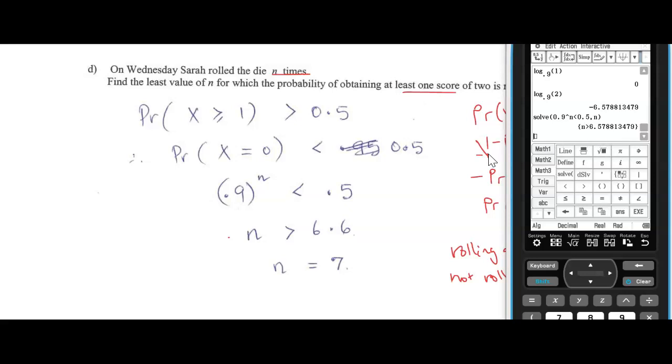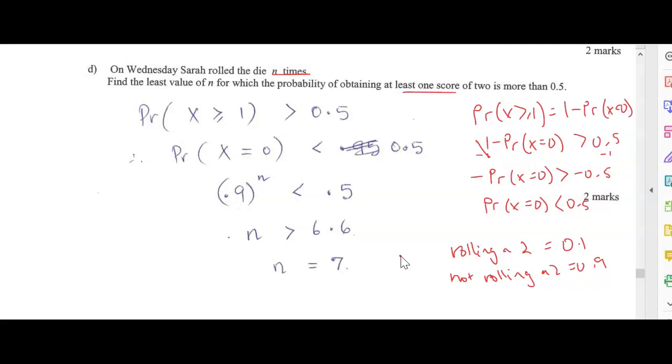Now, because we're looking at how many times we roll the die, obviously we have to roll it a discrete number of times, so that's why it's 7. You do have to think about the situation. So 6.6 does round up to 7, but if I, let's say, had 6.2, I can't go and write 6 because you're looking for the least value, least number of times you can roll the dice.